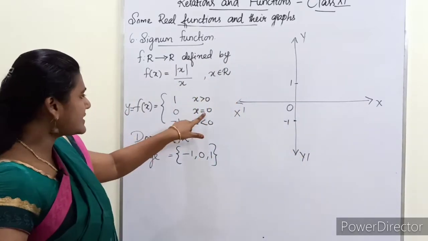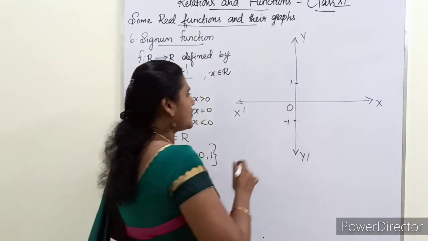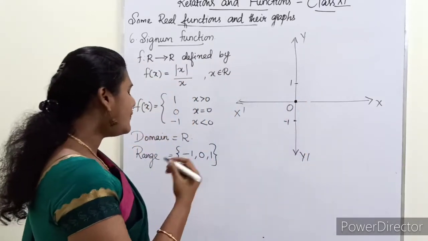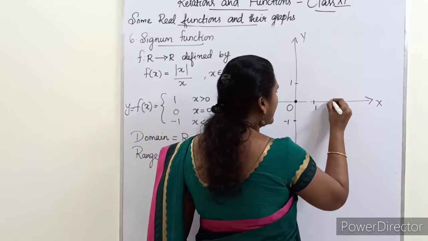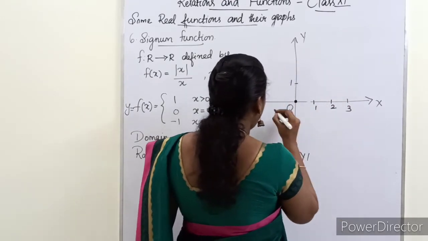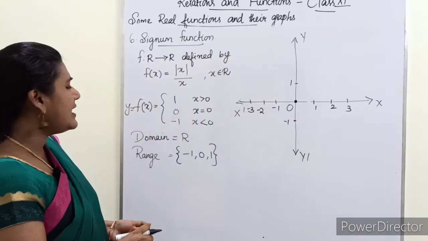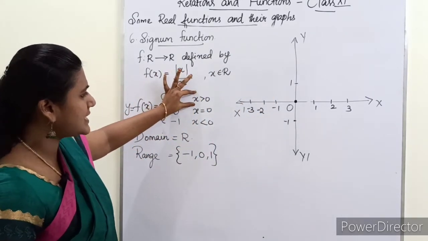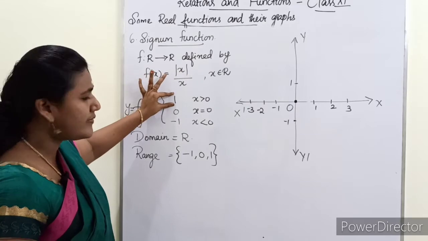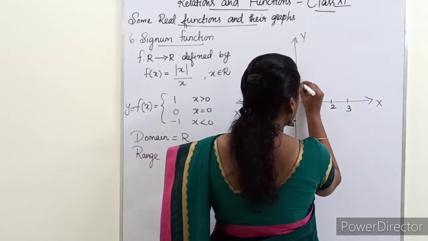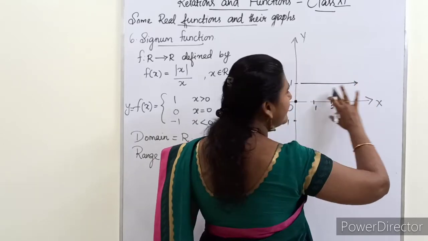First one, if x is equal to 0, y is also 0, that is this point. So this point. And if you take any value, here I will mark 1, 2, 3, and here I will mark minus 1, minus 2, minus 3. If you take any value greater than 0 for x, you will always get 1 as the answer. So y, you will get always 1 for all the values of x.